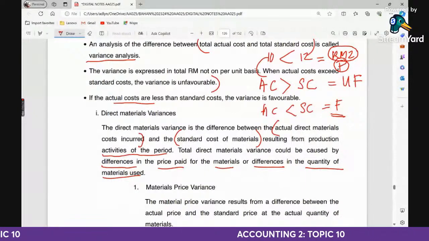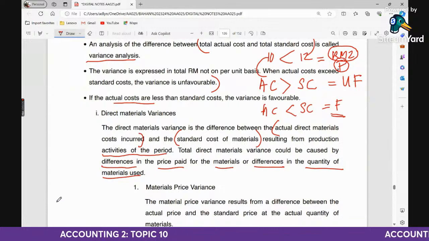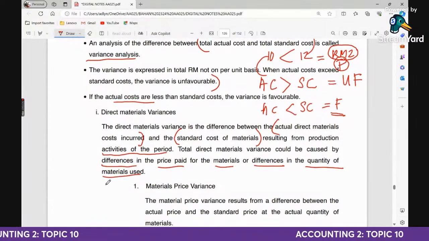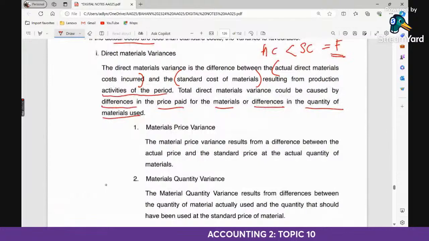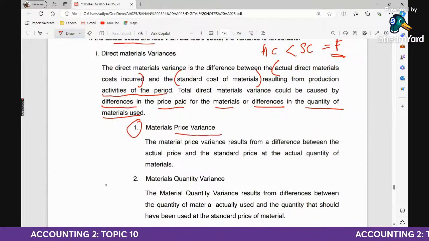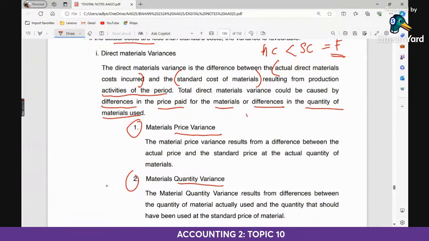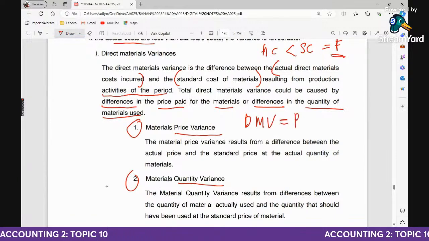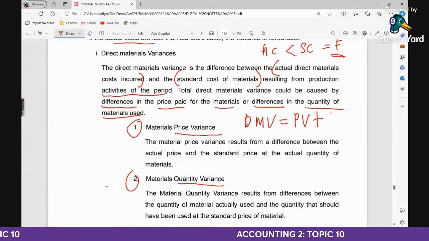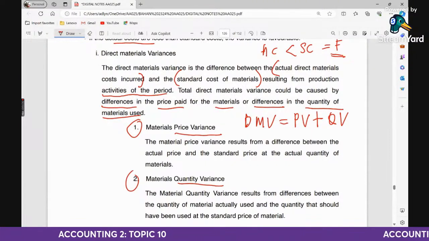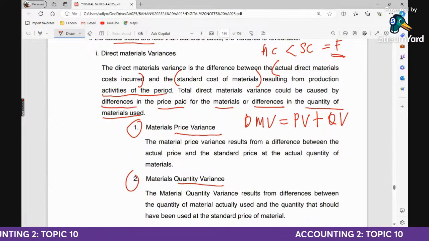Okay, so untuk direct material variance, kita ada dua jenis pecahan kecil. Okay, so untuk mengira direct material variance, you akan kira dulu material price variance dan juga material quantity variance. So your direct material variance is actually price variance plus quantity variance. So sebelum saya boleh dapat berapakah jumlah direct material variance, I kena kira asing dulu.